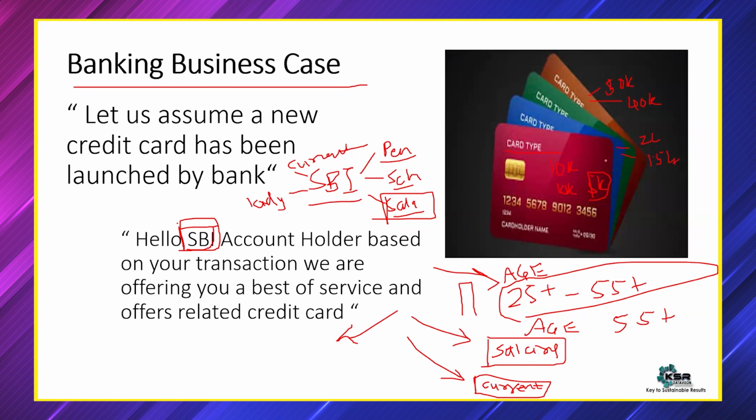Now there is a chance of understanding what credit limit suits his monthly income. Depending on that, we have to send an SMS. So the third most important filter criteria is salary or monthly income. Whatever the monthly income is, depending on that, we have to send SMS.